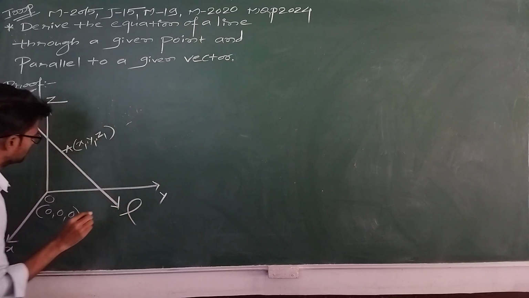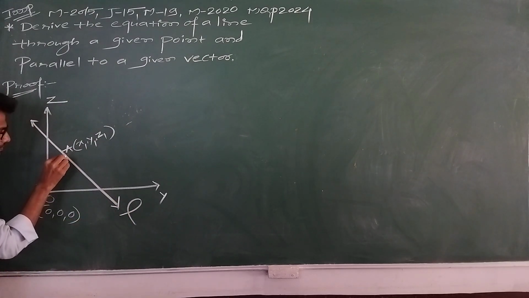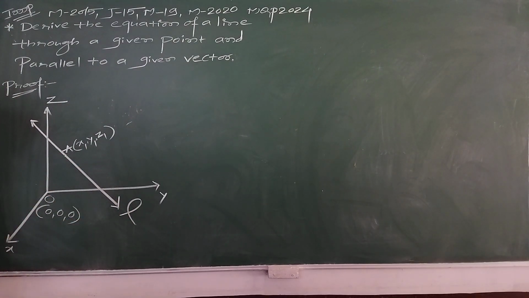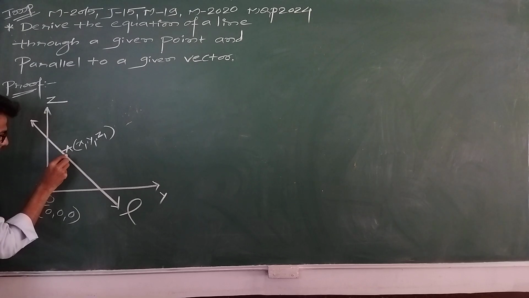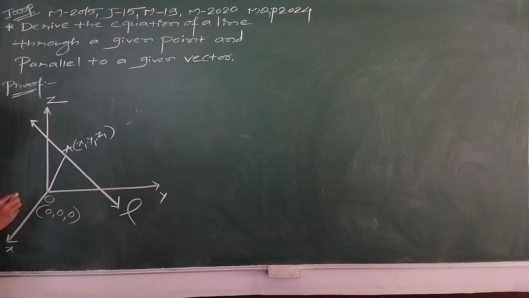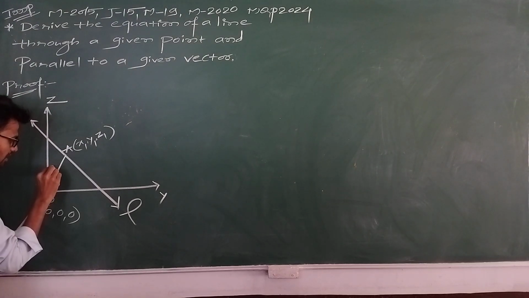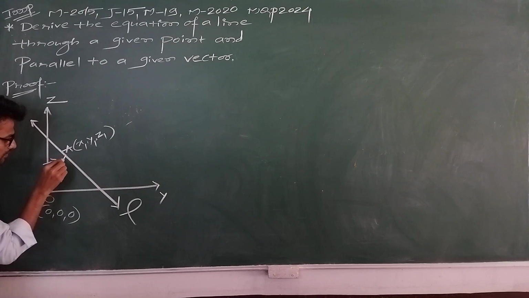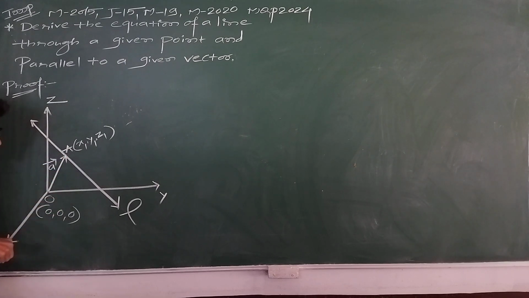L is the line passing through the given point A, and the position of the point A with respect to origin is represented by A vector.